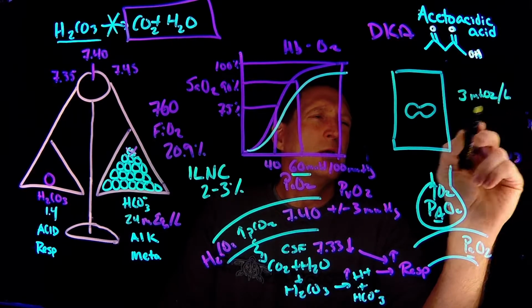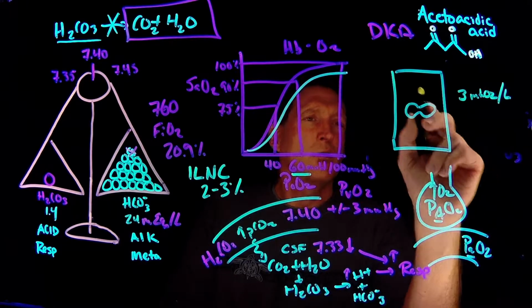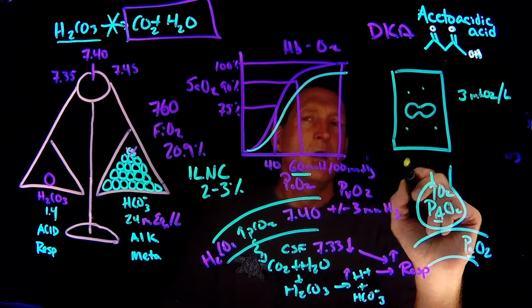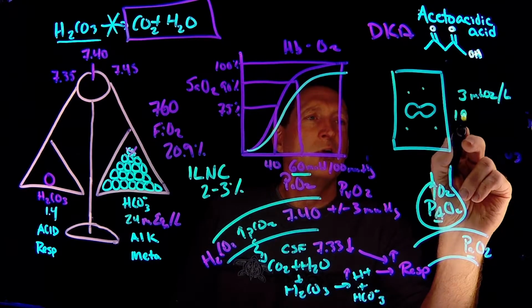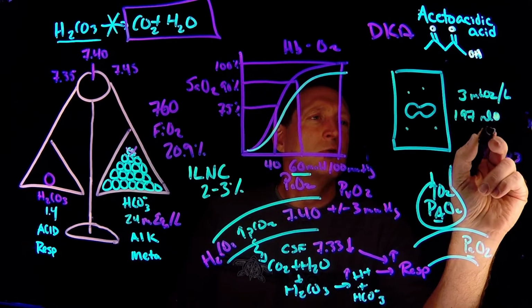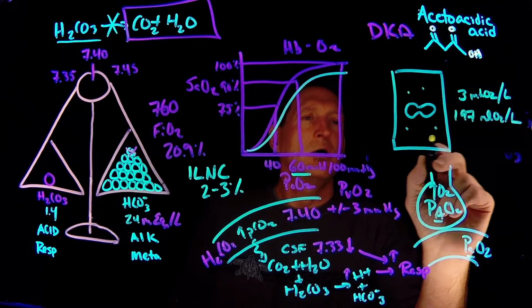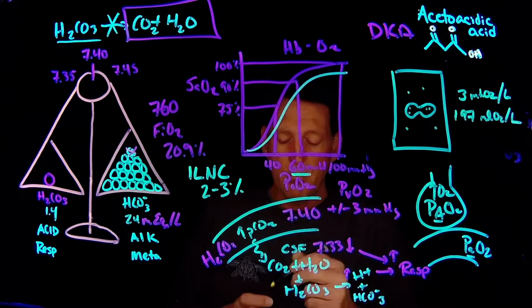I also know that if this is normal, I'm going to have about 197 milliliters of O2 per liter hooked to the red blood cell.